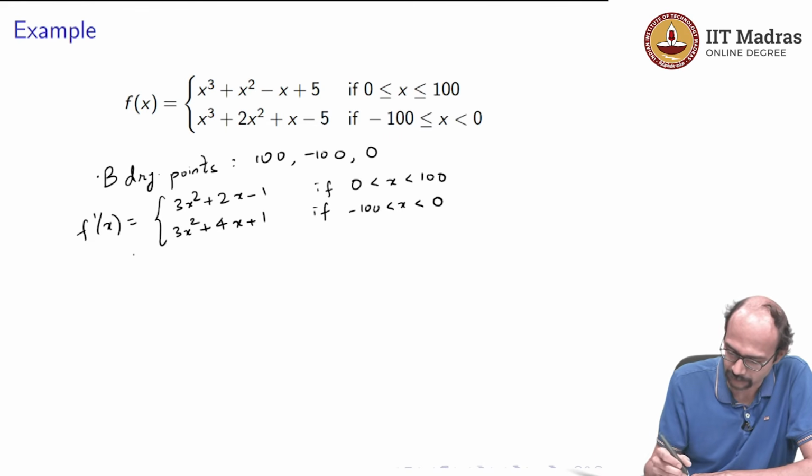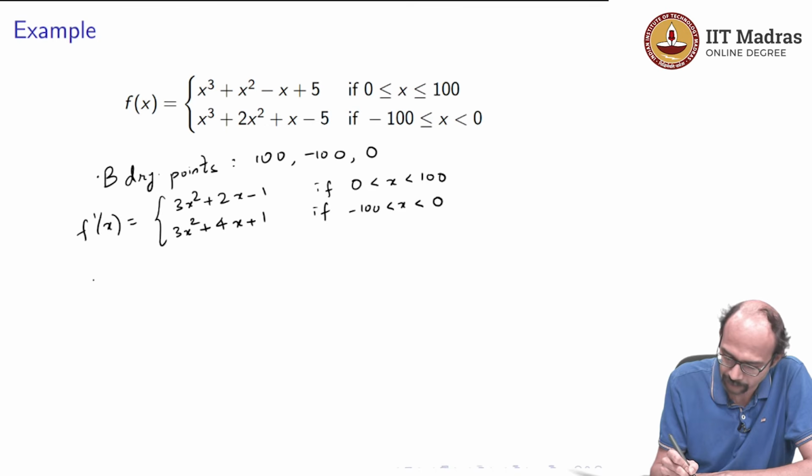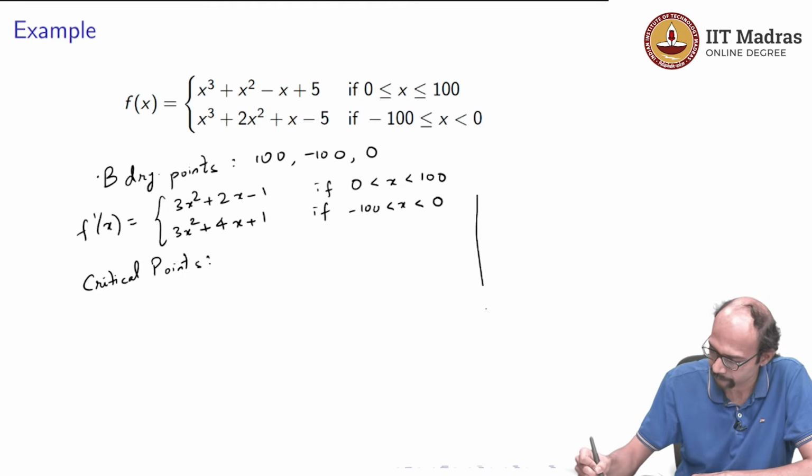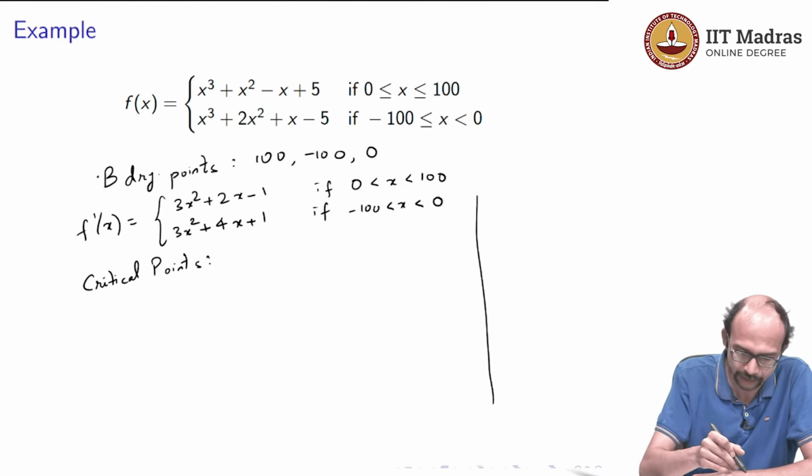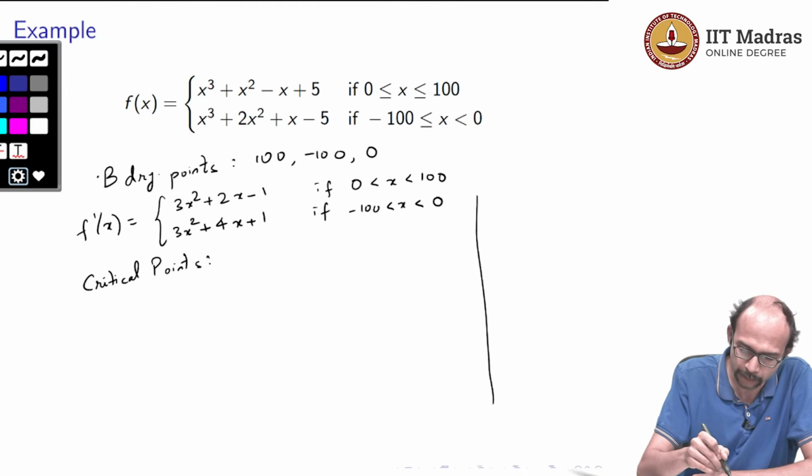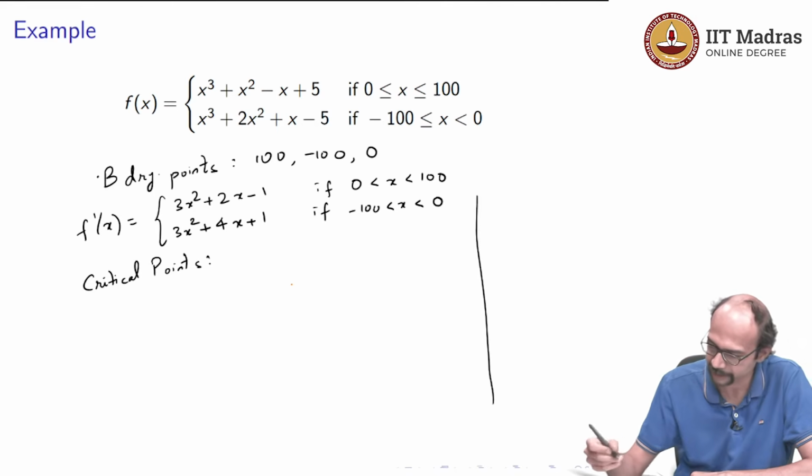Now let us set these to 0 and find out what the critical points are. On the first piece, let me do the computation here, because I don't want to take all critical points, but only those which lie in that interval.